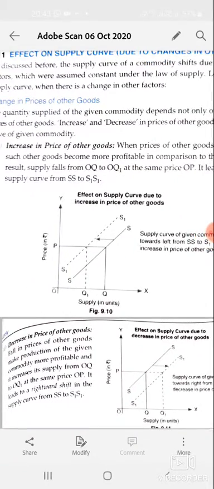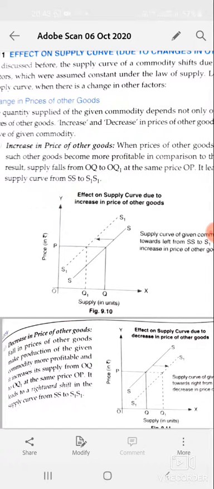Second point: decrease in price of the other commodity. A fall in the price of the other commodity makes production of the commodity more profitable, and it increases its supply from OQ to OQ1.